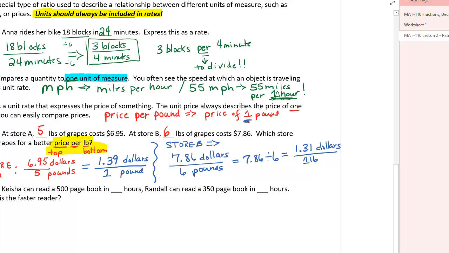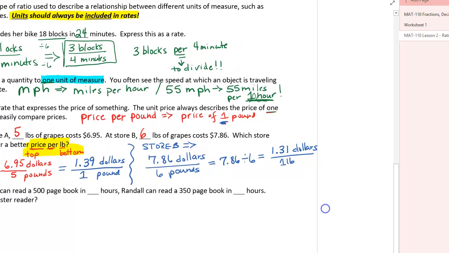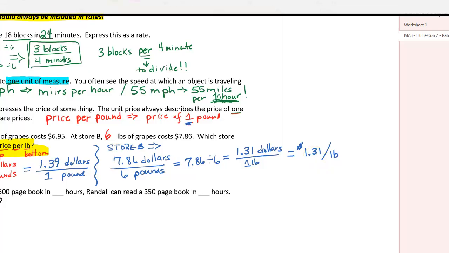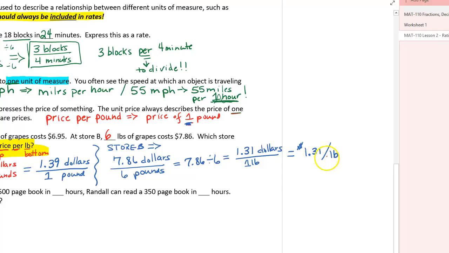So now we can compare, and we see that store B has the better price. And the way you probably would see this in the store would be this, $1.31 and then a slash pound. And that means the 1 is kind of understood there, 1.31 per 1 pound.